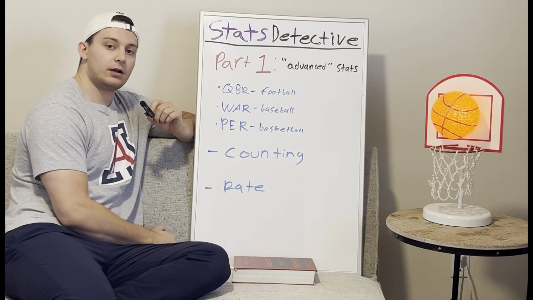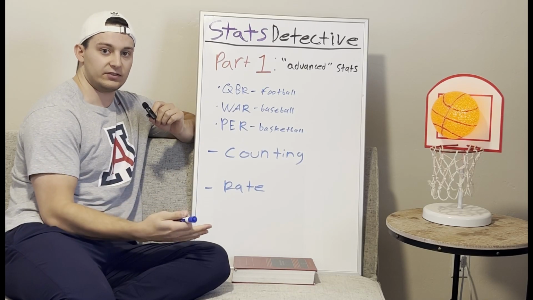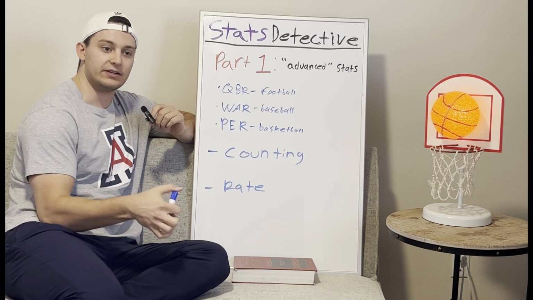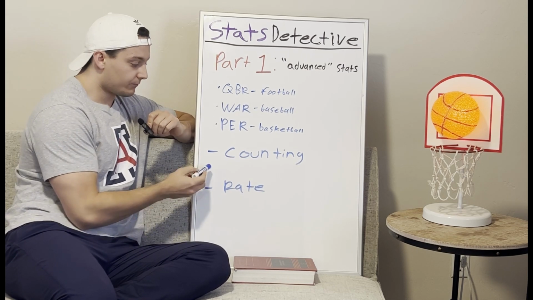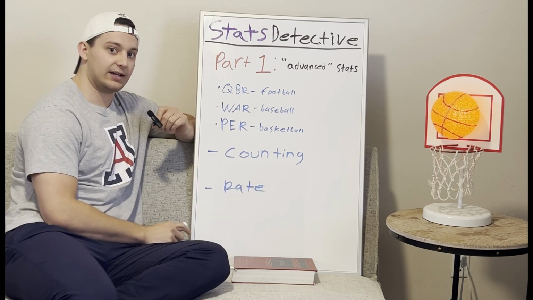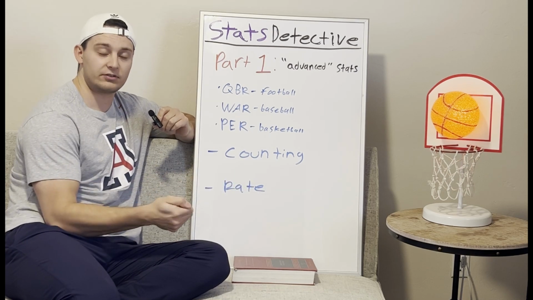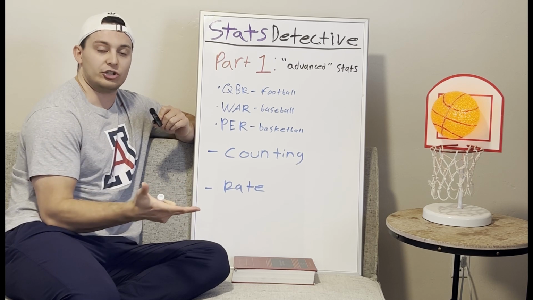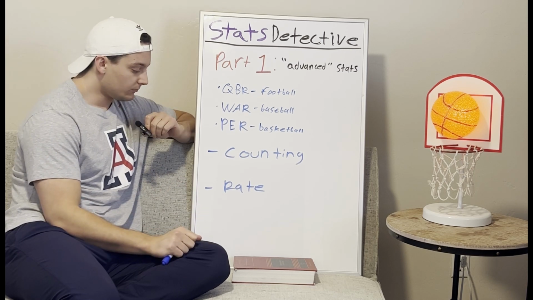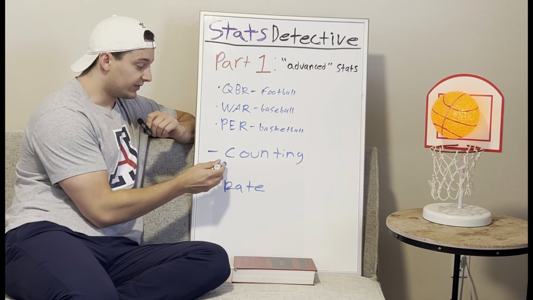To begin the conversation on sports statistics, we have to differentiate between the different types of sports statistics there are. Going from the simplest, counting stats, think of completions, think of hits in baseball, think of shots made in basketball. That is the simplest level.